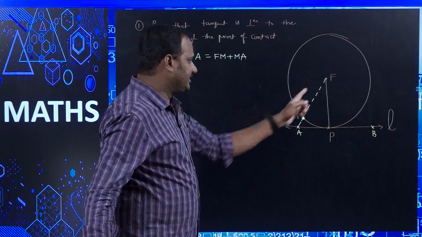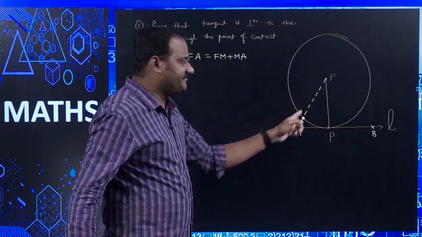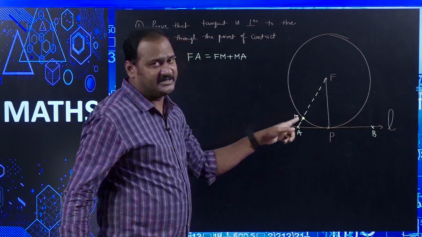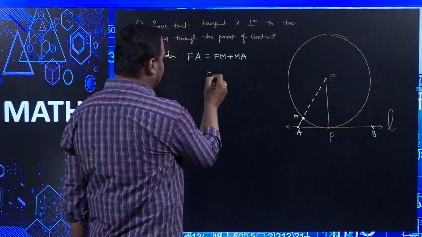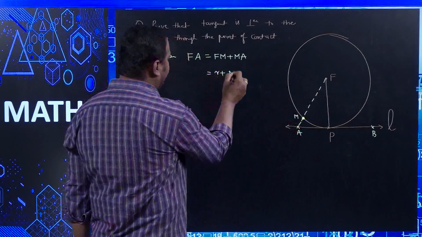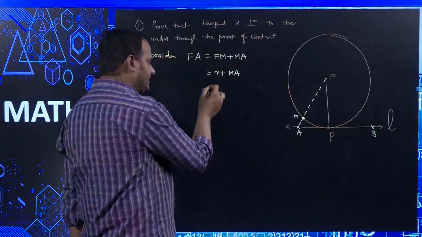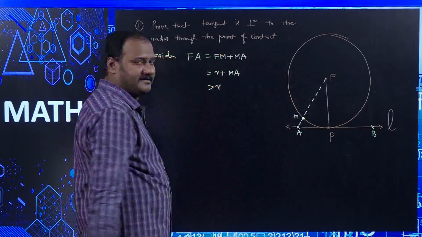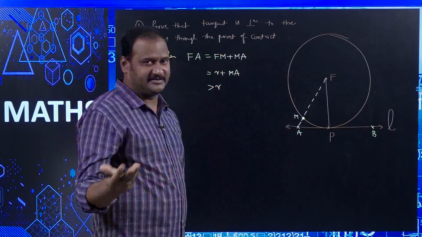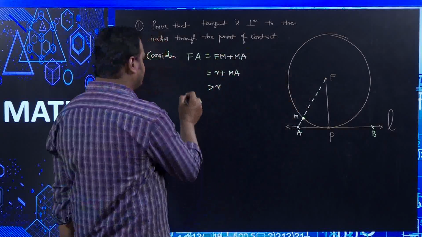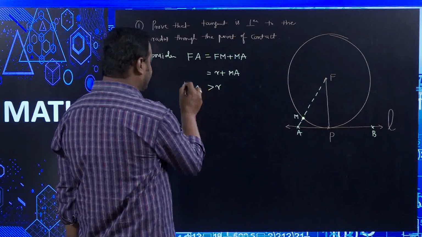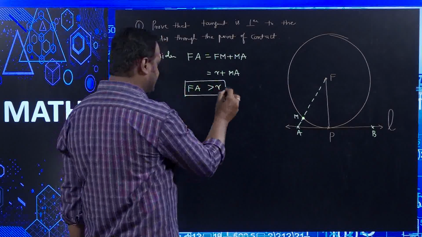FA is equal to FM plus MA. But what is this FM here? FM is obviously the radius. So it is equal to radius plus MA. Radius plus something is obviously more than radius, right? Suppose radius is equal to 5. 5 plus something is always more than 5. Therefore, FA is more than radius. This is the first thing.